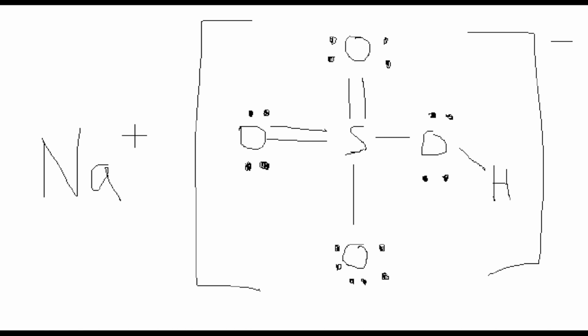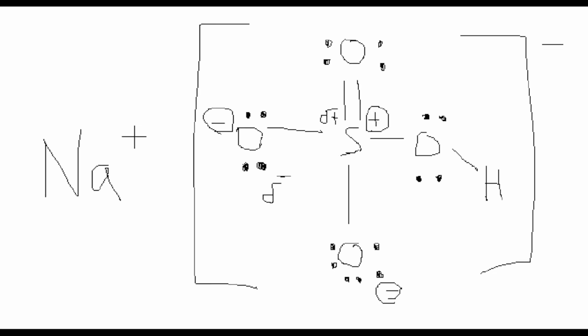And then there is also another structure worth mentioning. It is a much more minor product. We can take away another double bond to have 2 negative charges on these 2 oxygens here, and a positive charge on the sulfur in the center.